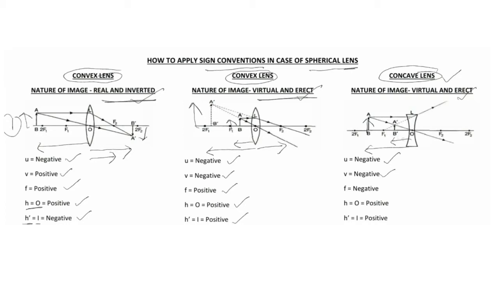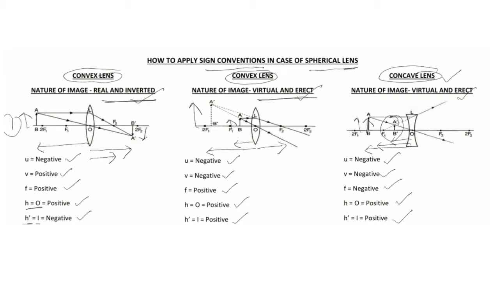In the case of a concave lens, focus is also lying to the left of the optical center, so it is also negative. The object is perpendicularly upward, so positive. And last, the height or size of the image is lying perpendicularly upward to the principal axis, so it is positive.